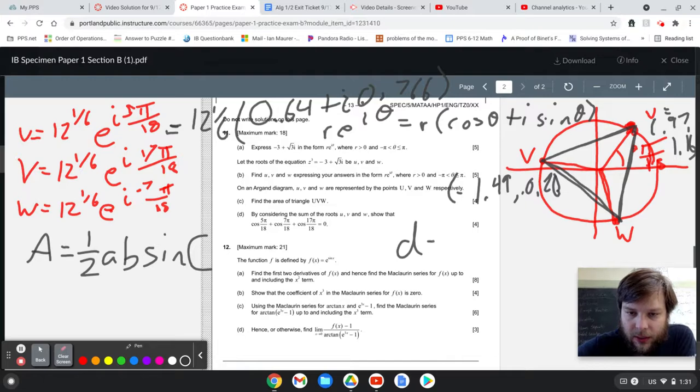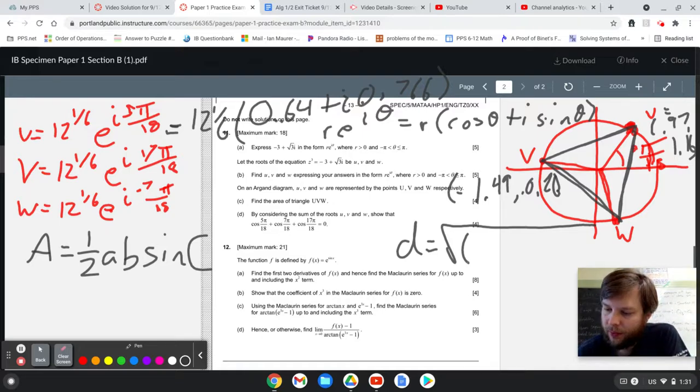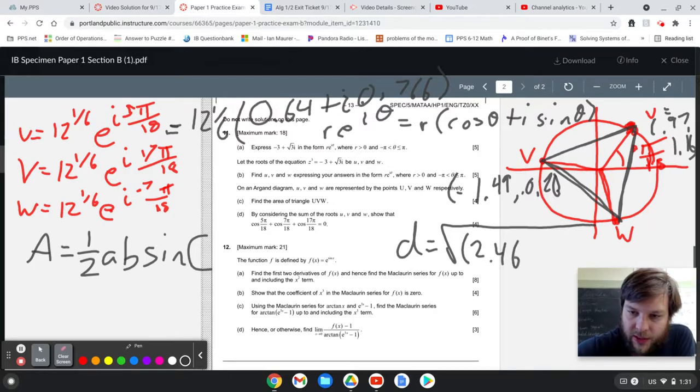the distance between u and v is like Pythagorean Theorem. So I'm going to go 0.97 minus negative 1.49. So that's going to be 2.46 squared.